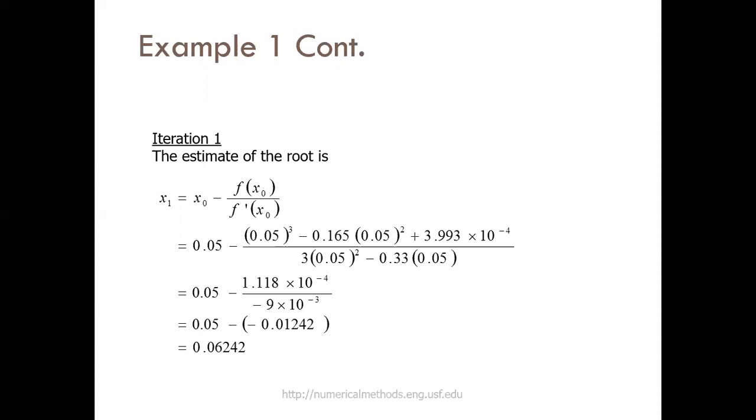After the total calculation, x1 is 0.06242.